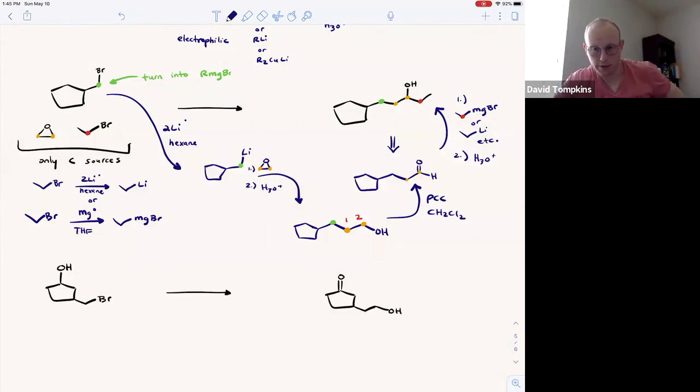So a lot of these reactions involve addition to an epoxide or a carbonyl, followed by oxidation of the resultant alcohol to another carbonyl, to which you can then undergo another addition.